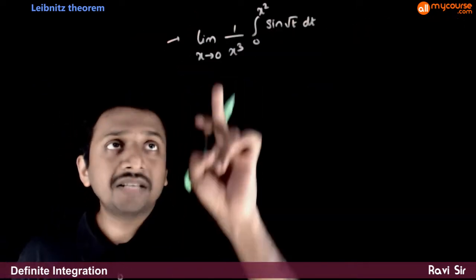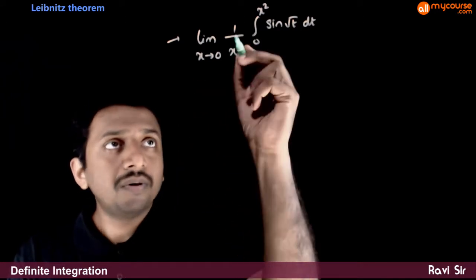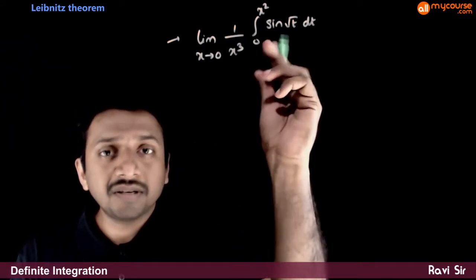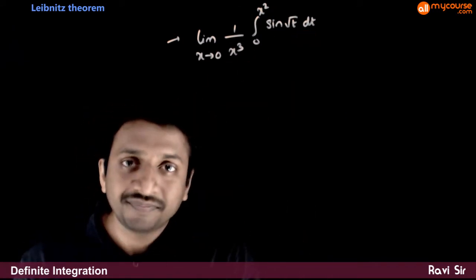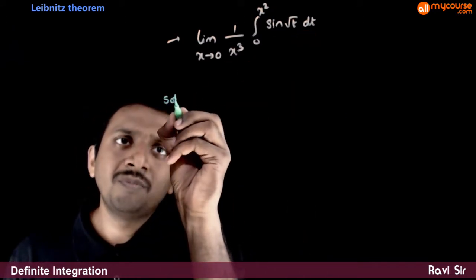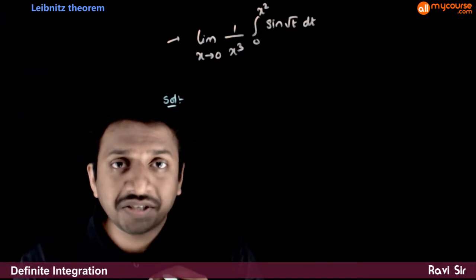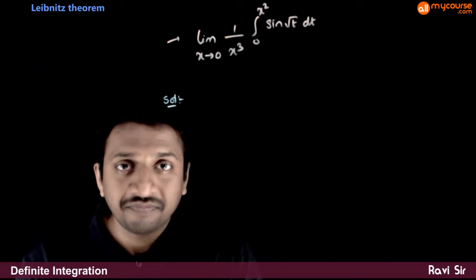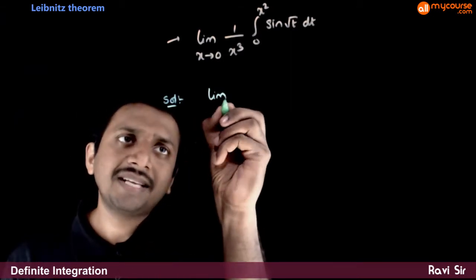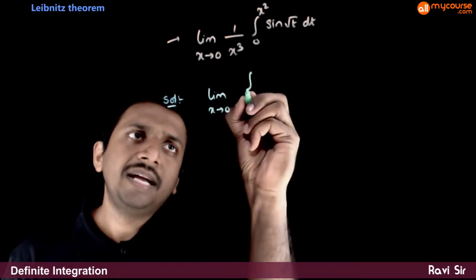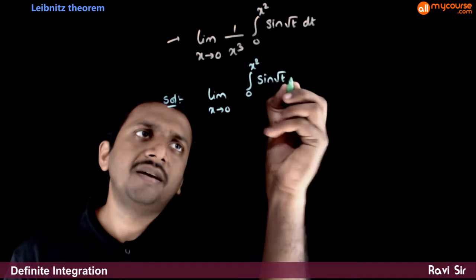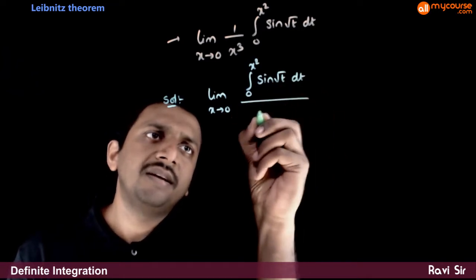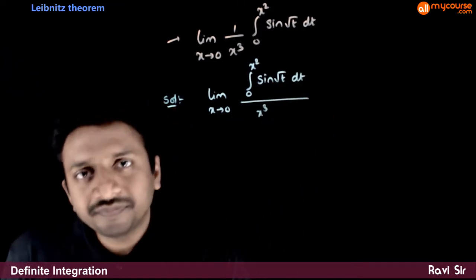In this question, you are asked to find limit x tends to 0, 1 by x cubed times integration 0 to x square sine root t dt. This is the most standard type of question on Leibniz theorem. So this is limit x tends to 0, integration 0 to x square sine root t dt divided by x cube.